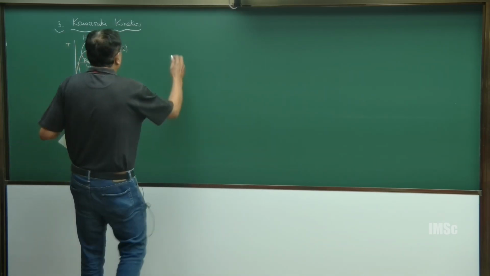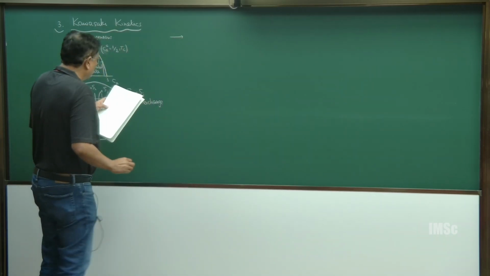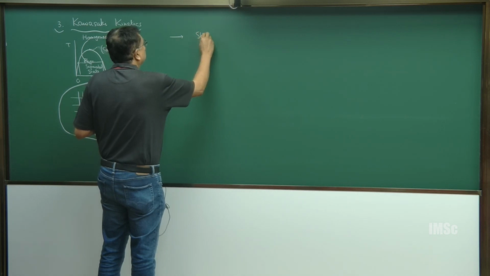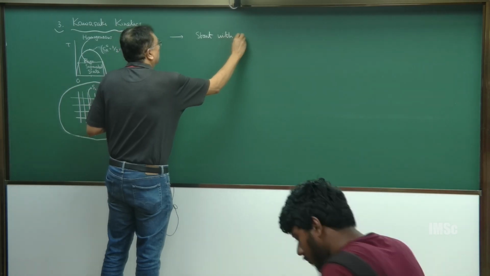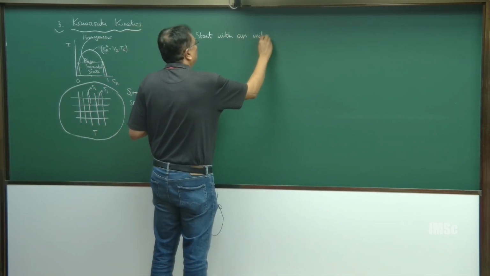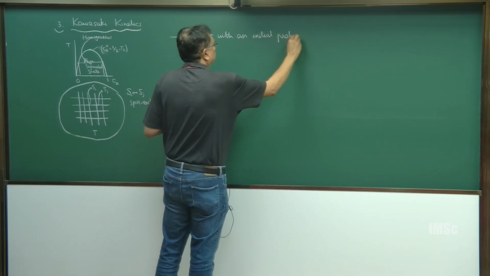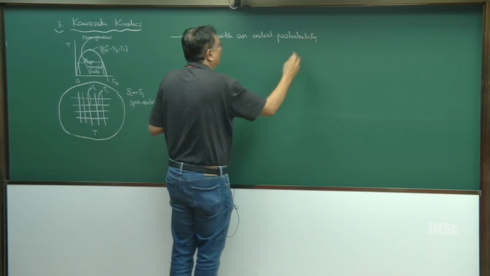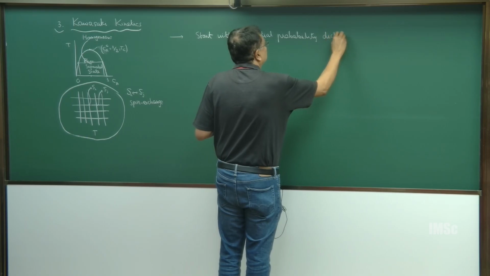Okay, let's try to frame the problem mathematically. I start with an initial probability distribution. I'm going to write down the master equation, though I won't get into such details of the calculations as I did last time.